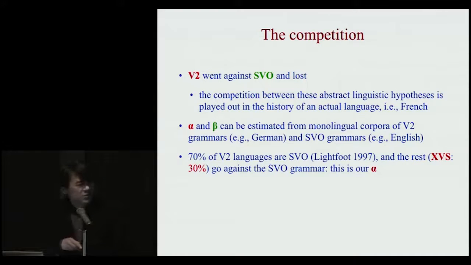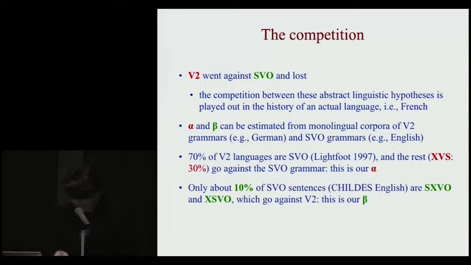The sentences with a verb in the post-verbal position are going to clash with the SVO grammar. That's about 30%. So this is our alpha. Now what's beta? What's the percentage of sentences produced by an SVO grammar that are inconsistent with the V2 grammar?